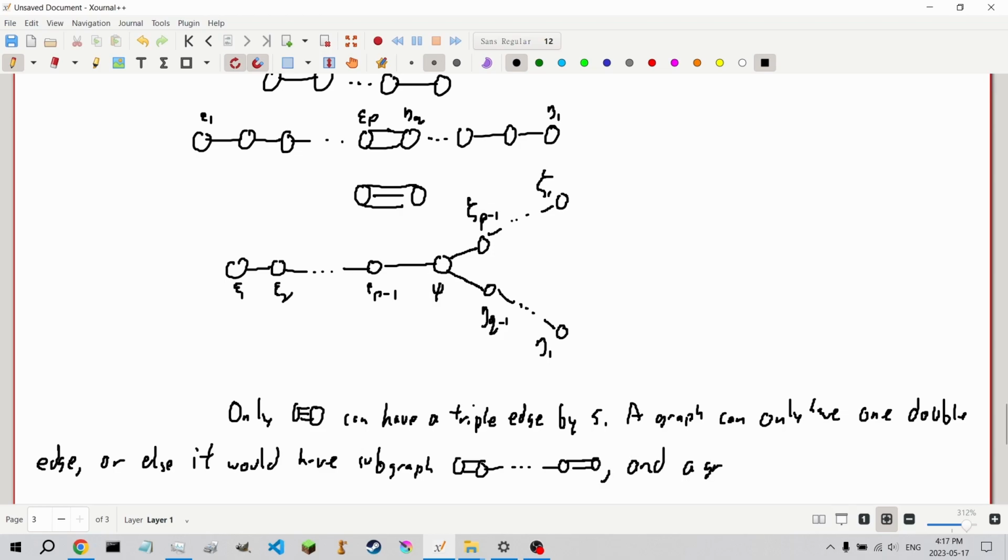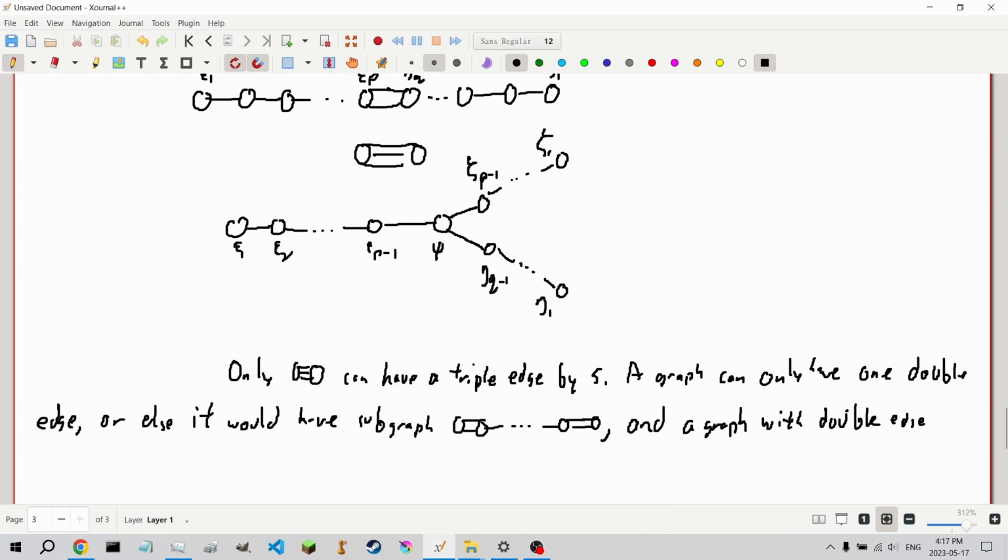And a graph with a double edge cannot contain a node which is a branching point.